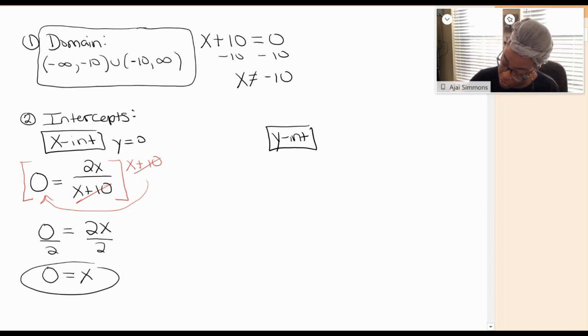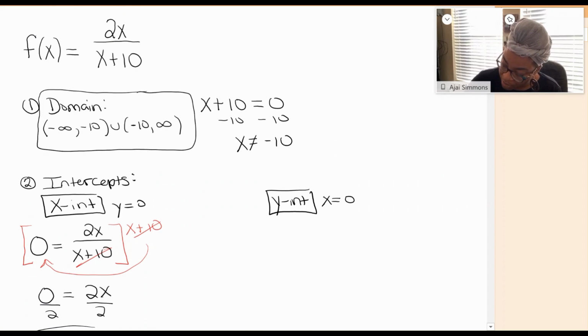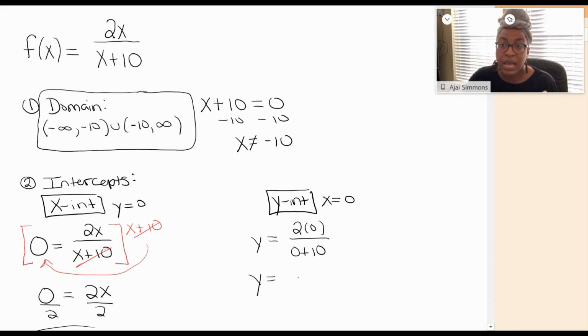Let's go over to your y-intercept. To find the y-intercept, you set all the x's equal to 0. So if you look at the original problem, f of x, which is y, equals 2 times 0 over 0 plus 10. Okay, so let's simplify the top, simplify the bottom. 2 times 0 is 0. 0 plus 10 is 10.